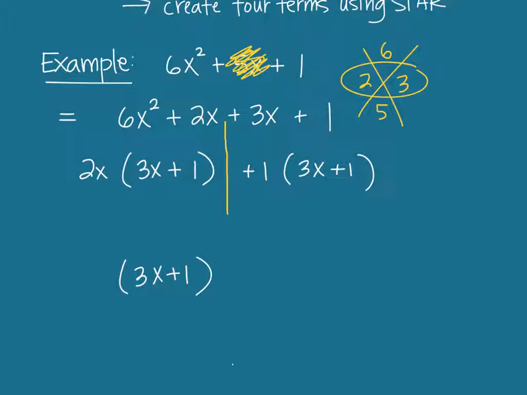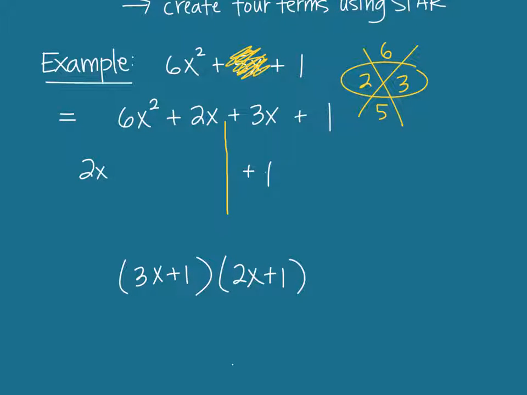If you take that 3x plus 1 away from both sides and look at just what's left, 2x on that side, 1 on the other, that's your second parenthesis. The answer is 2x plus 1, and there's your answer.